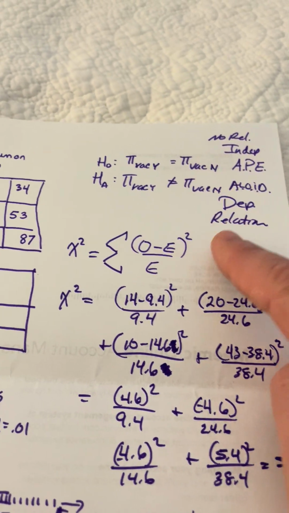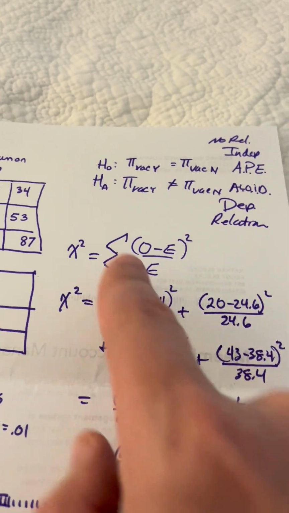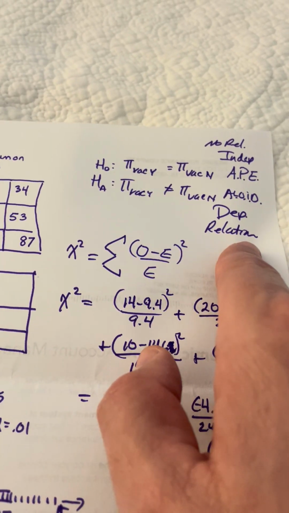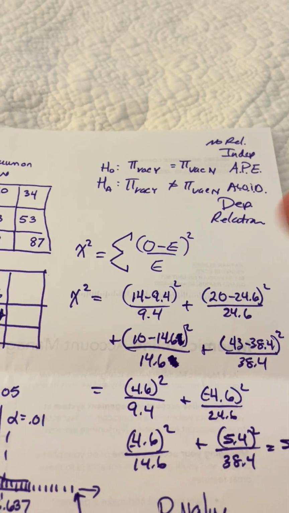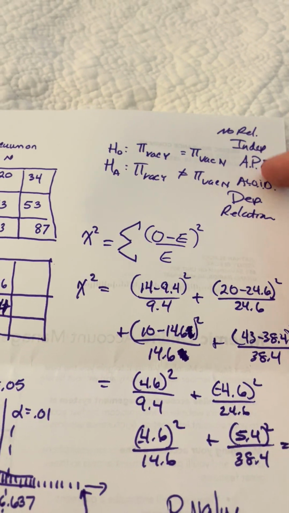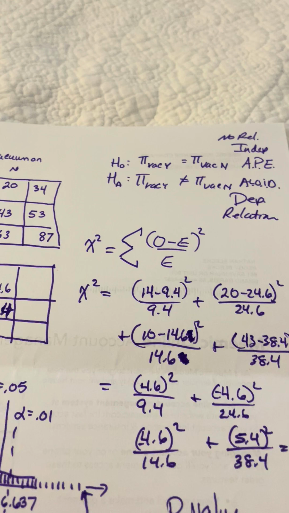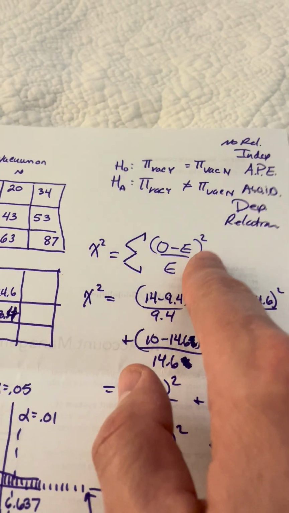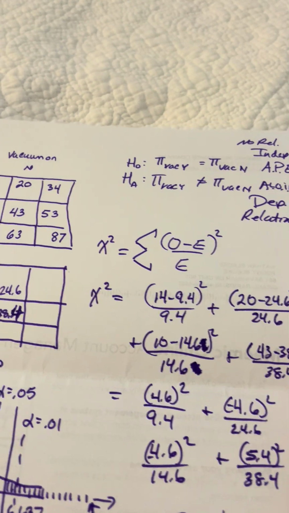If you had no relation, this would be relation. So if they're not equal to each other, then you'd have some kind of relationship going on. Your book tends to lead this way. I've seen other authors listed in this type of format as well. This piece right here is referred to as your chi-squared test statistic, and I'll show you how we get there.